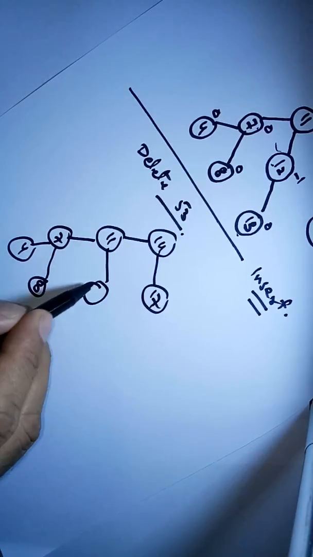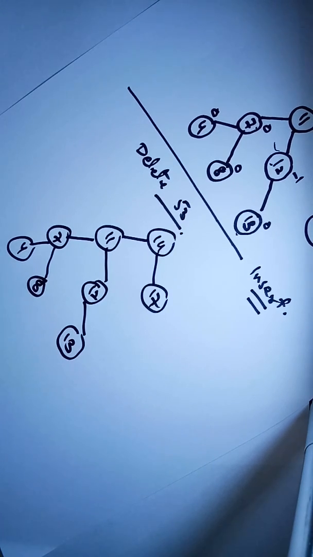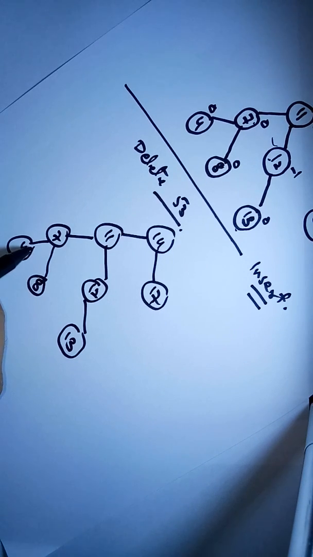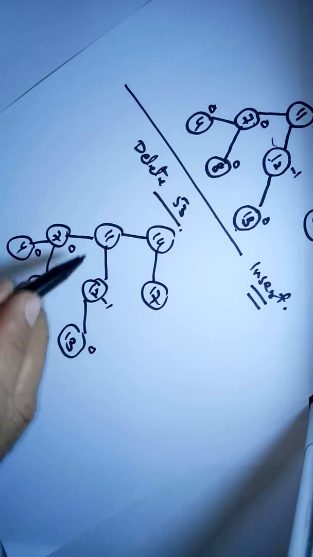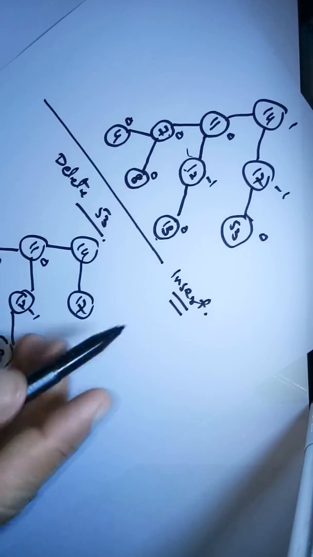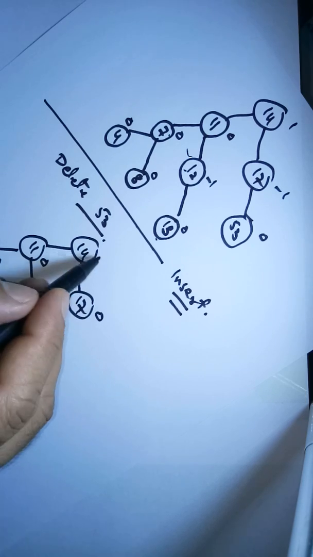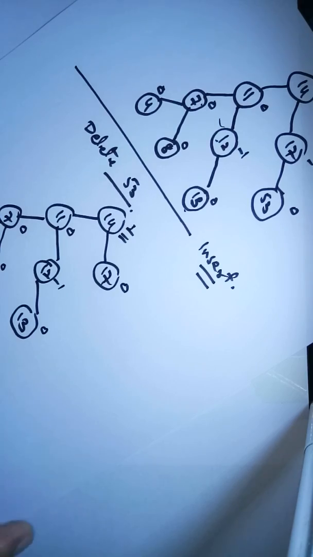Here I have 12 and 13. Now check whether this is an AVL tree or not. How can we check? We can check with the balance factor. The balance factors are 0, 0, 0, 0, negative 1, 0. This is 0. The balance factor of this node is 3 minus 1, that is 2. That is not allowed, so it is not an AVL tree.